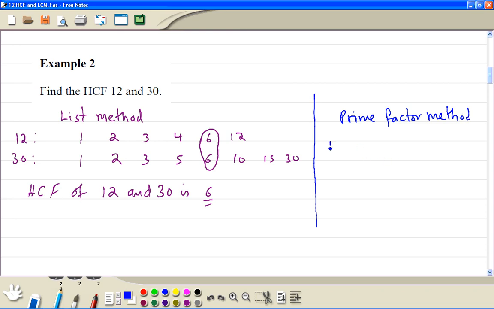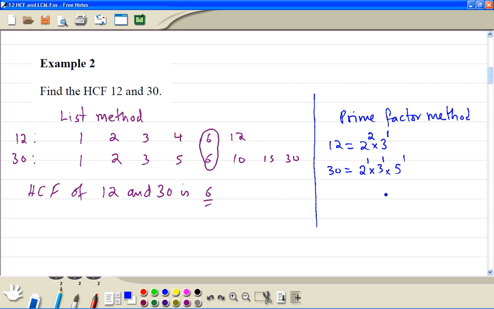So 12 can be written as 2 to the power 2, that's 4, then times 3 to the power 1. Then 30 is 2 to the power 1, 3 to the power 1, then 5 to the power 1.